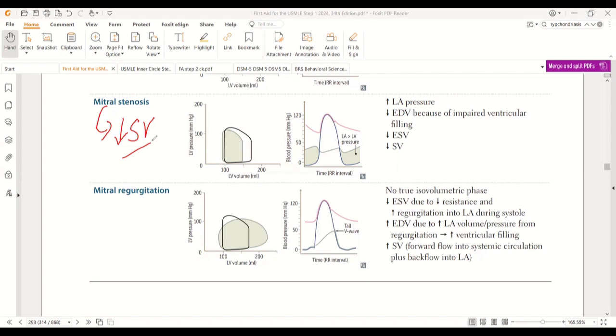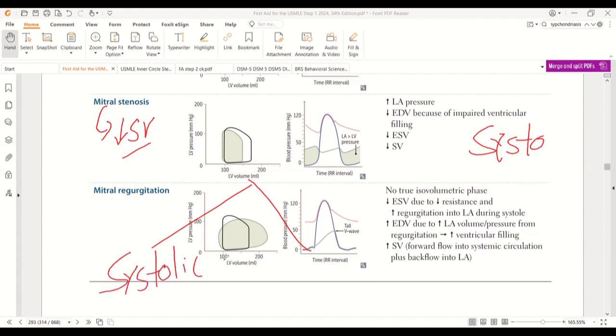Another general principle, I give you the idea. There are two types of murmur, systolic and diastolic.